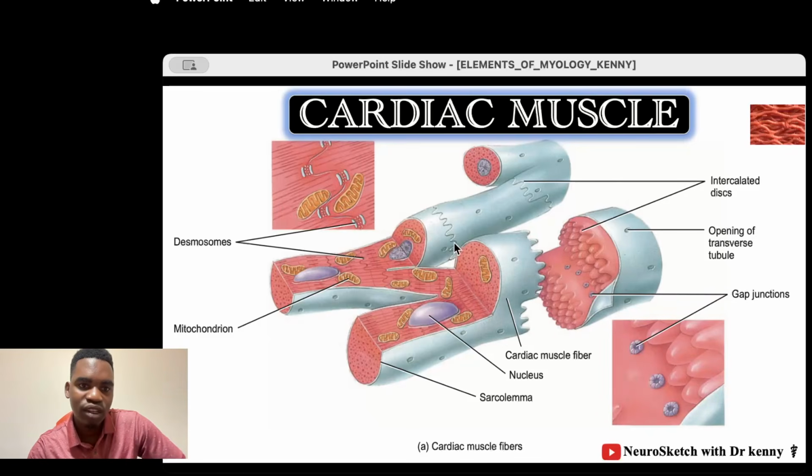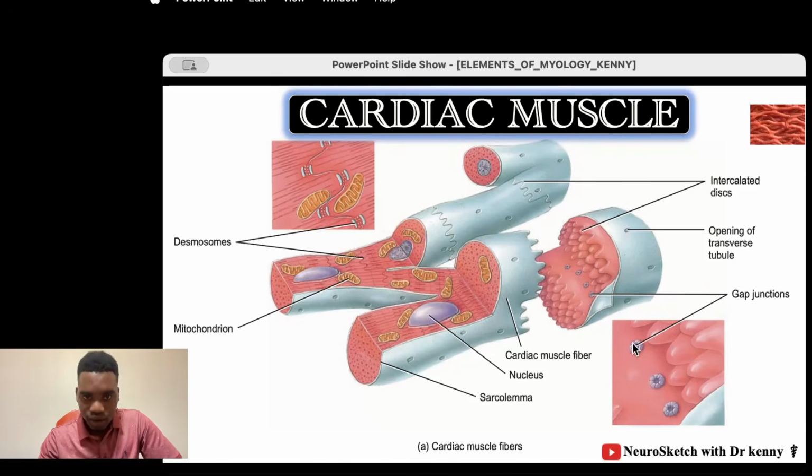The junction between one cardiac muscle fiber and another is known as the intercalated disc. You see it has finger-like projections that interdigitate with the adjacent muscular fiber. And at the intercalated disc we have the desmosomes, which help to bridge these muscles together.